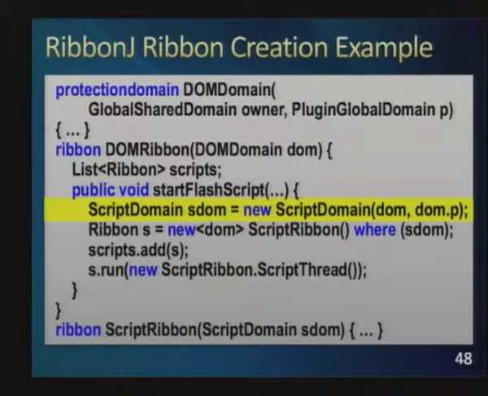And those arguments, notice, are exposed as fields, so that we can just use the instance of that protection domain, DOM.p, which is referring to the argument of the protection domain.